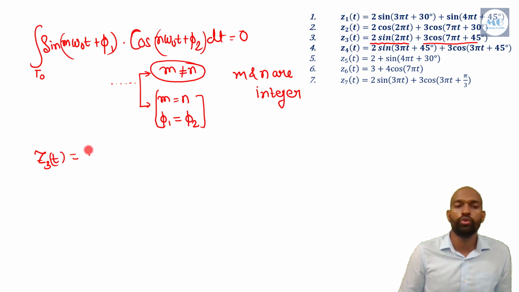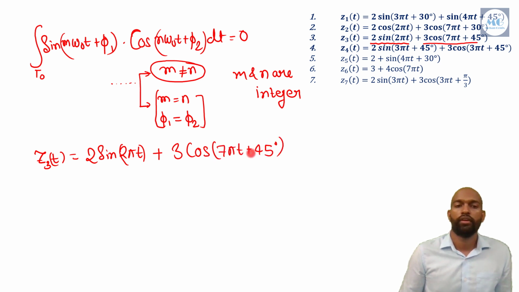is equal to 2 sine 2 pi t plus 3 cos 7 pi t plus 45 degree. Here sine and cosine functions are there. And what is m? m is equal to 2, n is equal to 7.